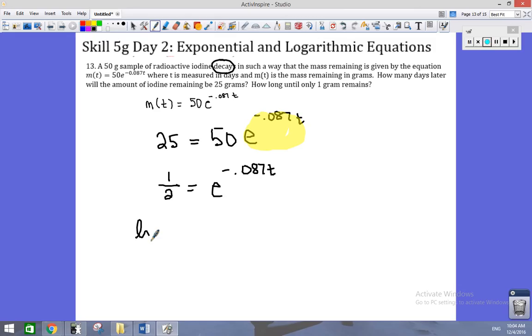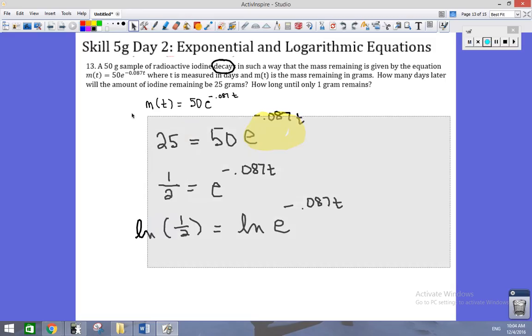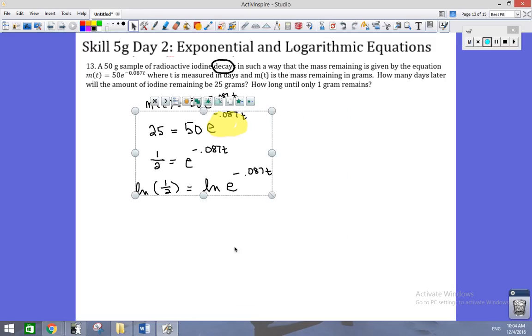So I've got the natural log of 1/2 equals negative 0.087t times the natural log of e, by the product rule.